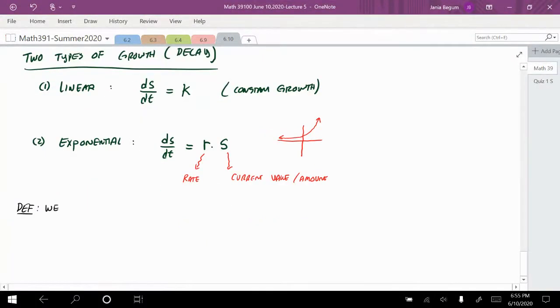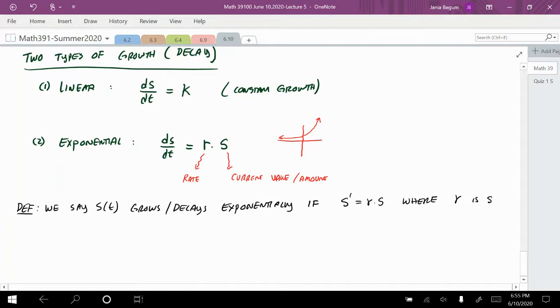We say s of t grows or decays exponentially if the derivative s prime is equal to r times s, where r is some fixed rate.